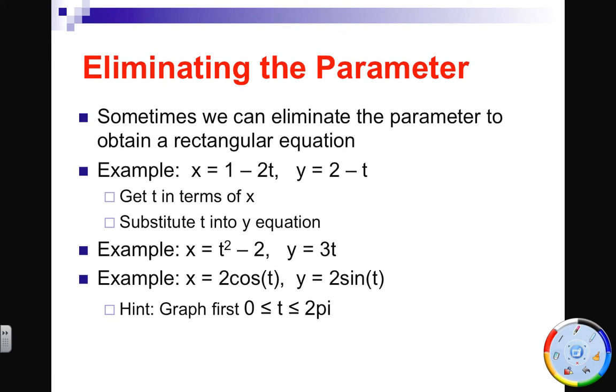Next one here on the same kind of idea is 2 cosine t and 2 sine t. And this one's kind of hard to solve because you don't want to do cosine inverse, because cosine inverse is not going to get us the right thing.